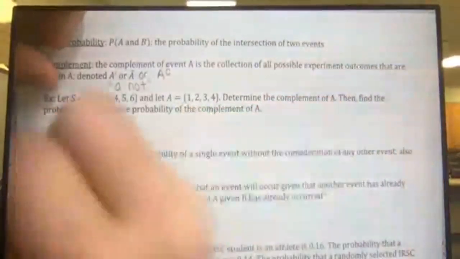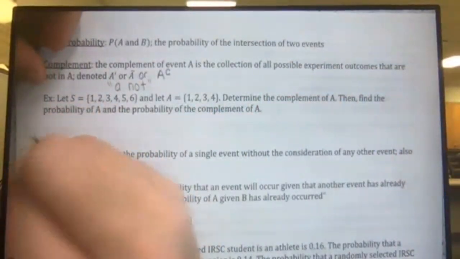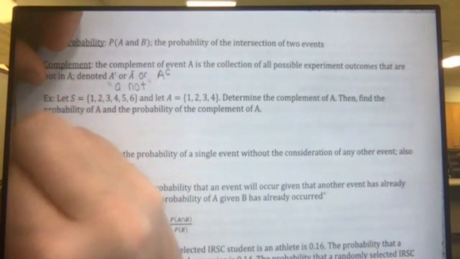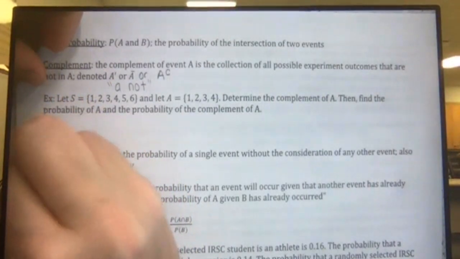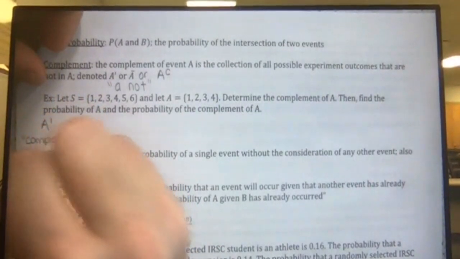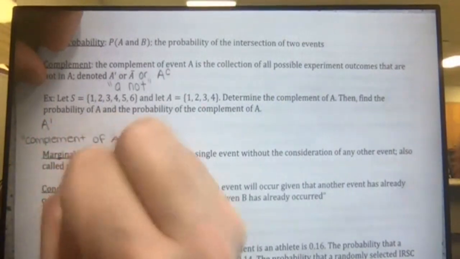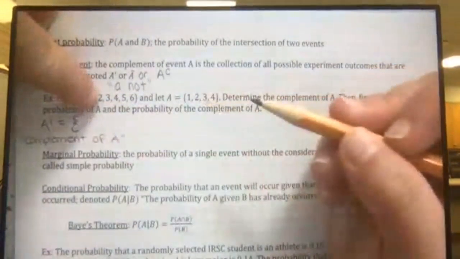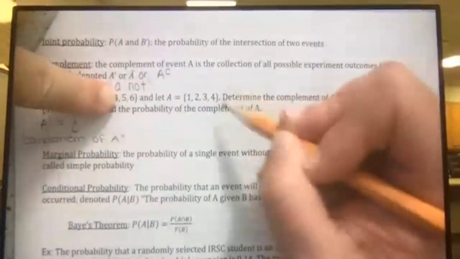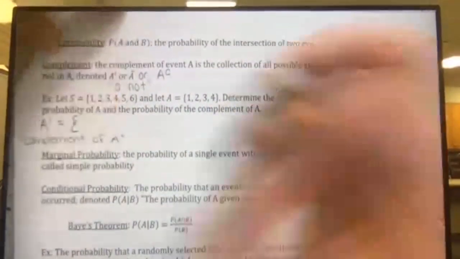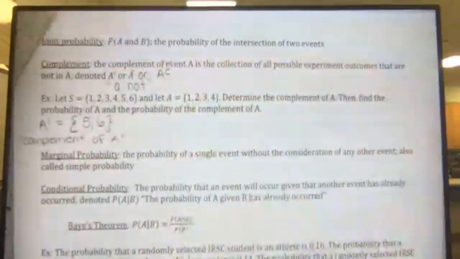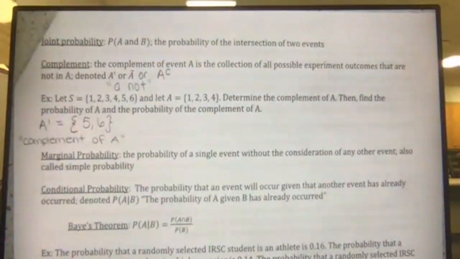So if we know A is 1, 2, 3, 4, the complement of A. So 1's in A, 2, 3, 4. So 5 and 6 are not in A. So the complement is going to be 5 and 6. What's in the sample space that's not in A?